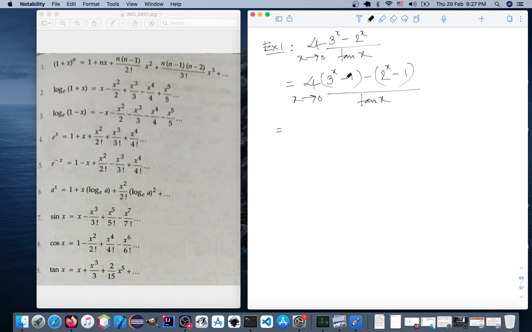Also for 2 to the power x minus 1, we need an x in the denominator. So let's add the x in the denominator. But when we have added x in the denominator, we also will have to readjust it by multiplying x with the numerator.